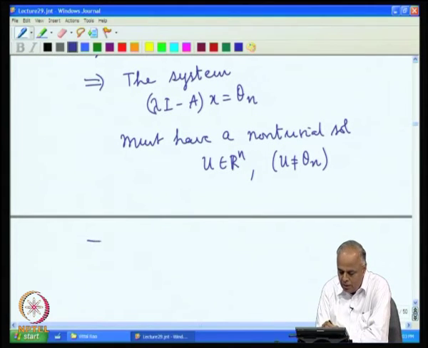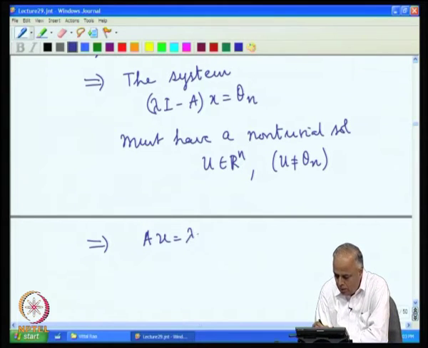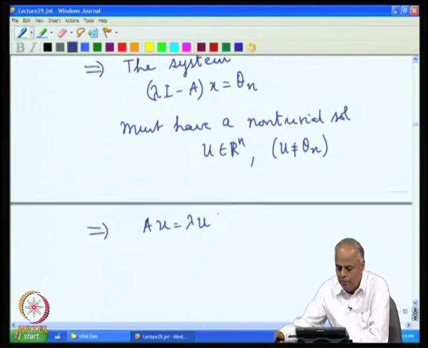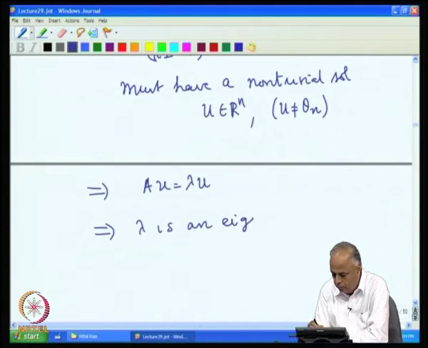This means A u equals lambda u, that says lambda is an eigenvalue with eigenvector u.